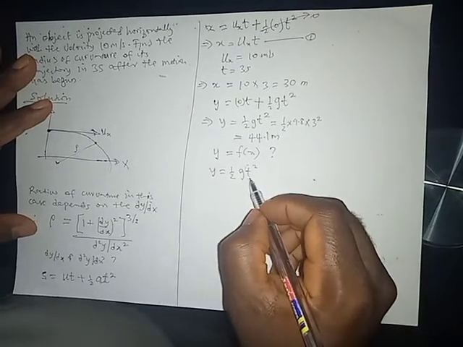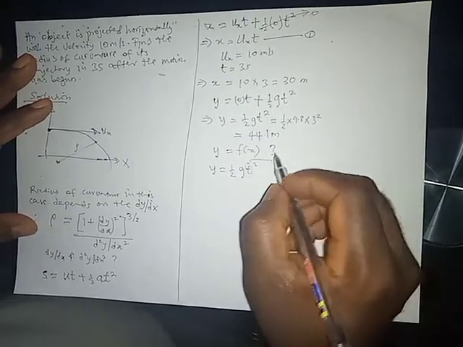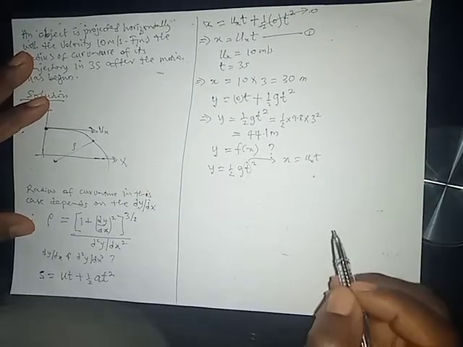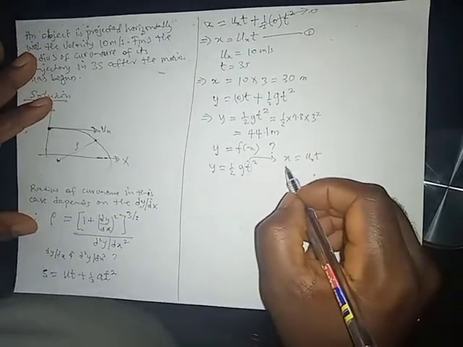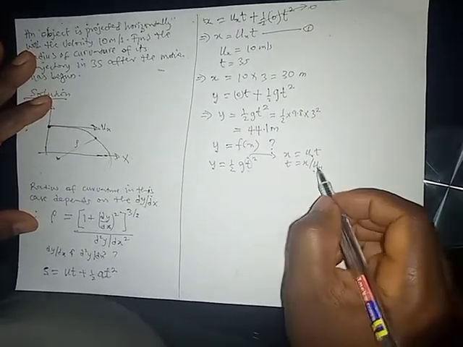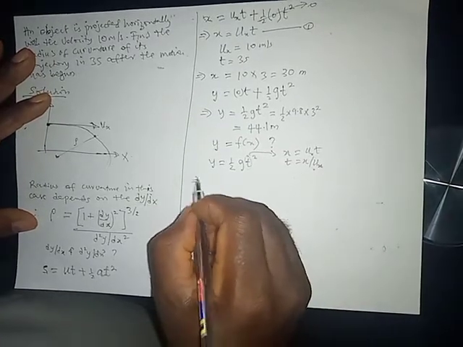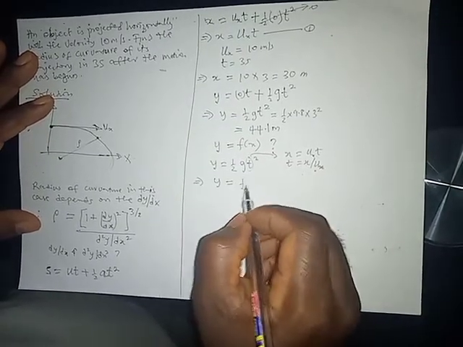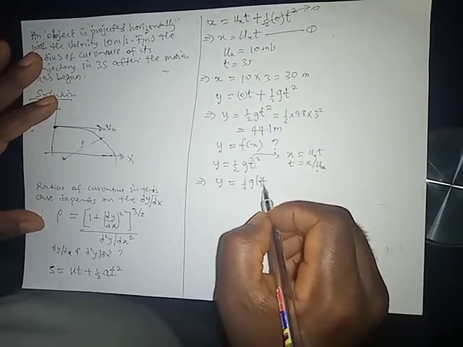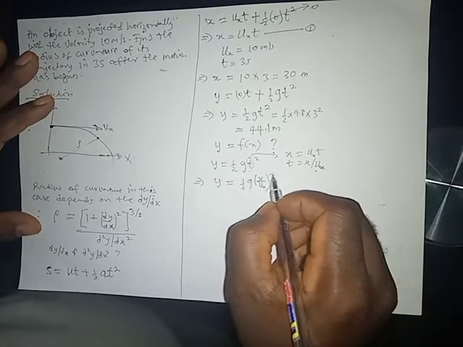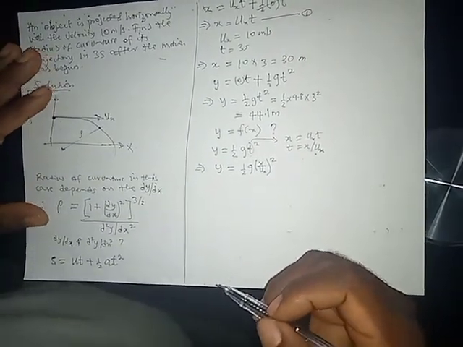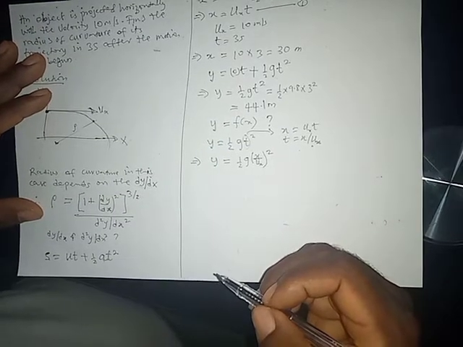We can substitute this t from where we have x is equal to ux t. From there, we have t equals x over ux. So that implies that y is equal to half g, then t will now be x over ux, all squared. So we have made a connection between y and x.